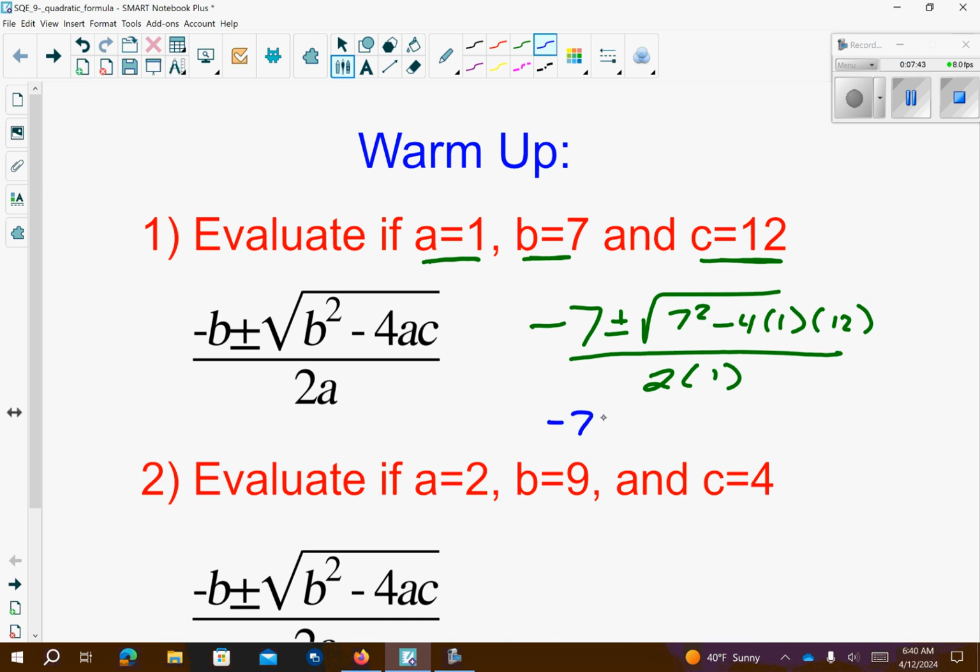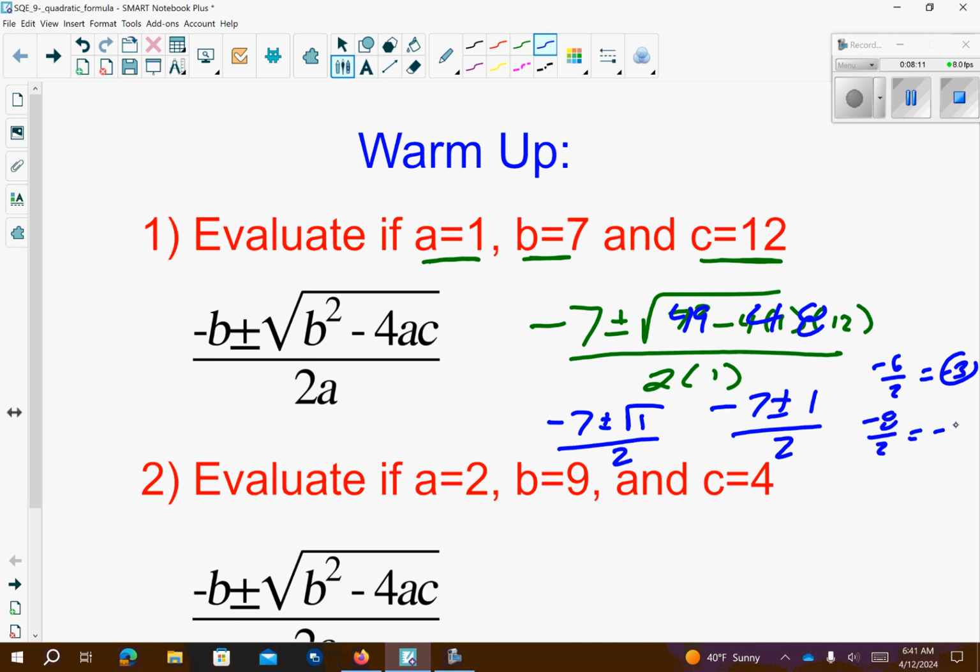Negative 7 stays as is. 7 squared is 49. Minus 48, because 4 times 1 times 12. So that's square root 1 over 2. The square root of 1 is 1. So this is negative 7 plus 1 is negative 6 over 2, so that's negative 3. Negative 7 minus 1 is negative 8 over 2, so that's negative 4.